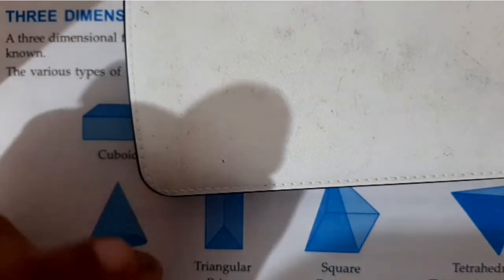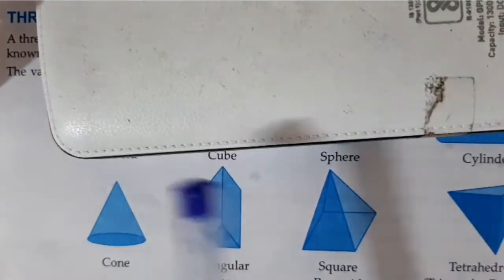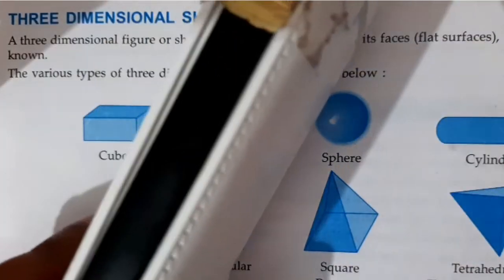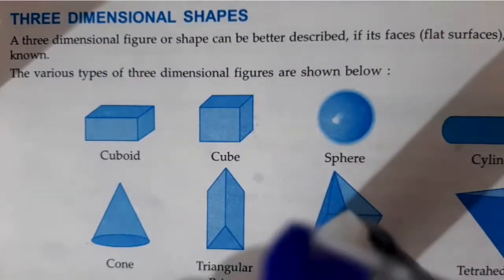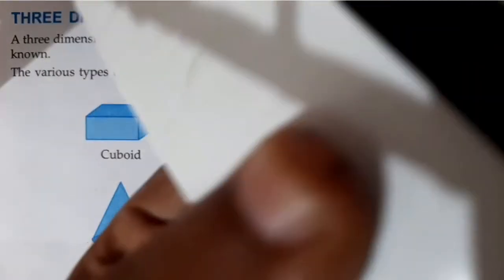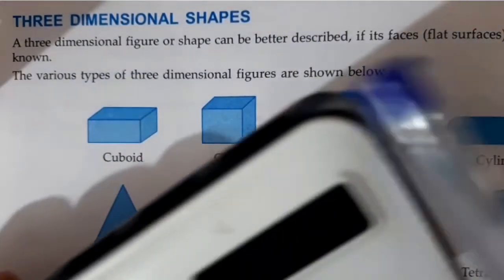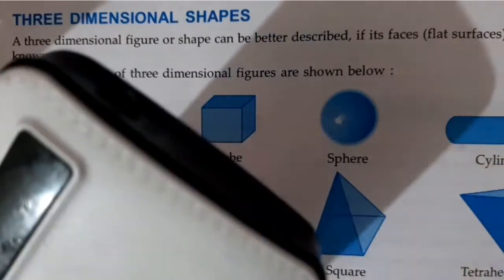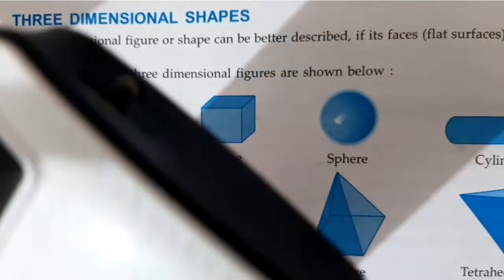It has 12 edges. You can count the edges. See, 1, 2, 3, 4, 5, 6, 7, 8, 9, 10, 11 and 12. These are the edges. The lines that you see, these lines, these are the edges.